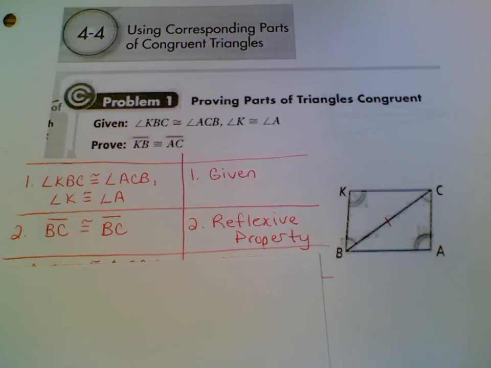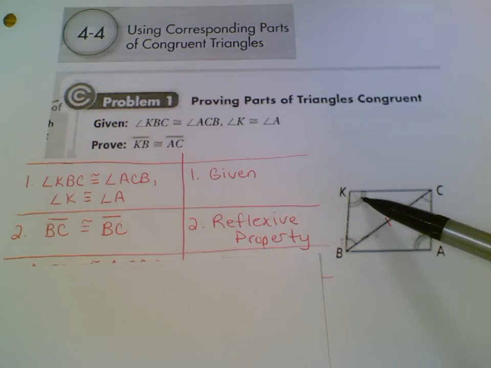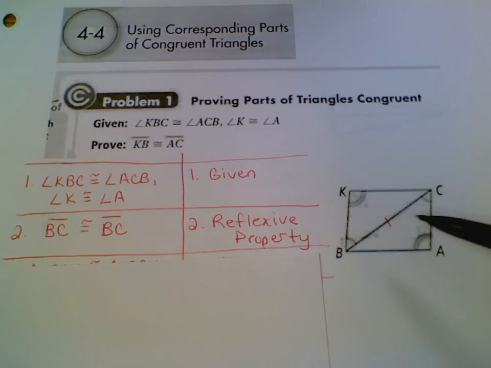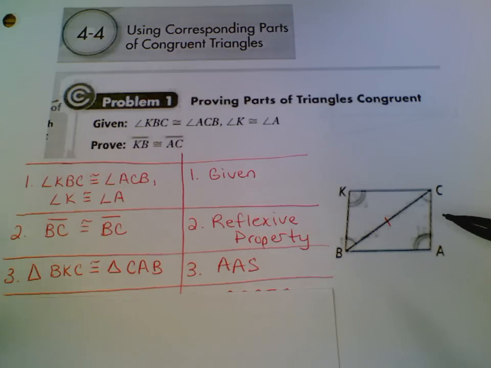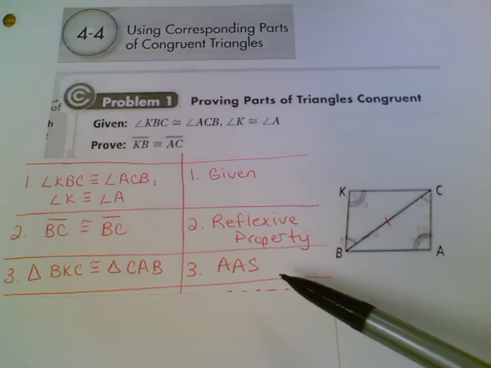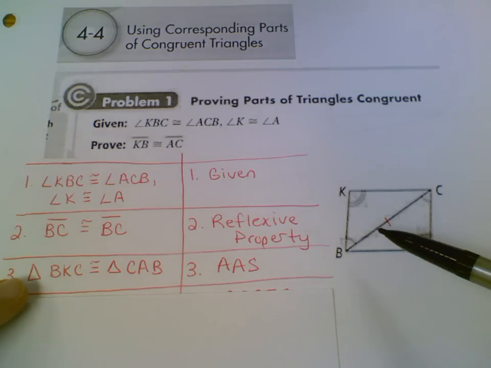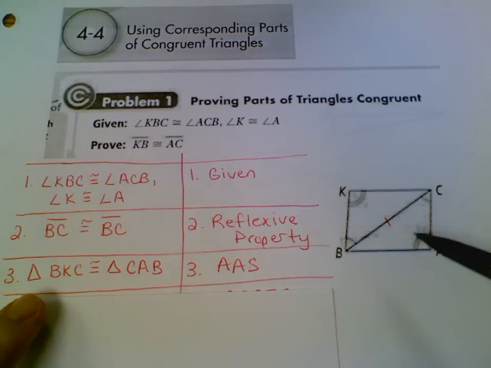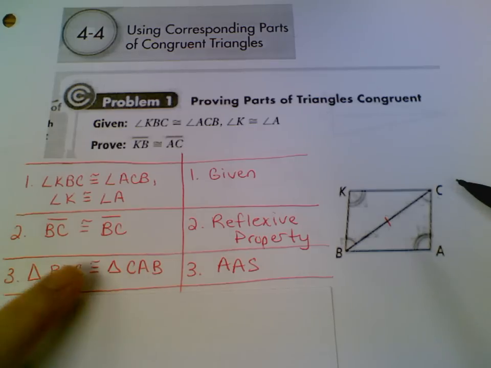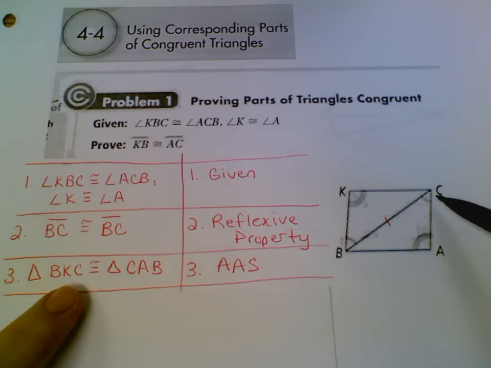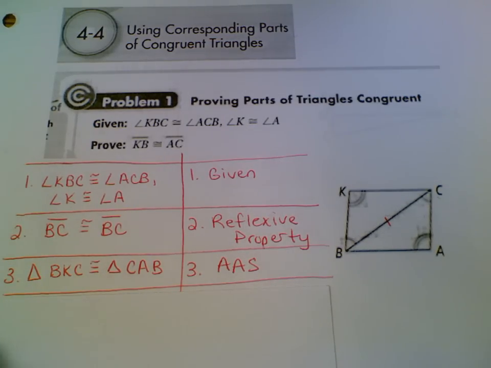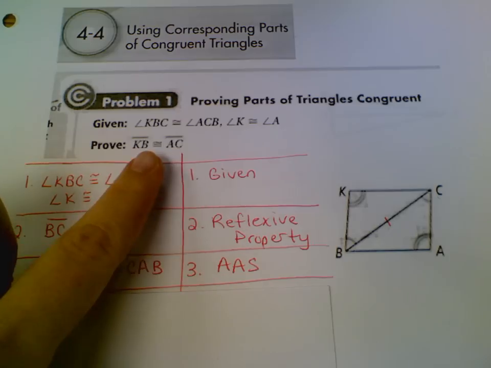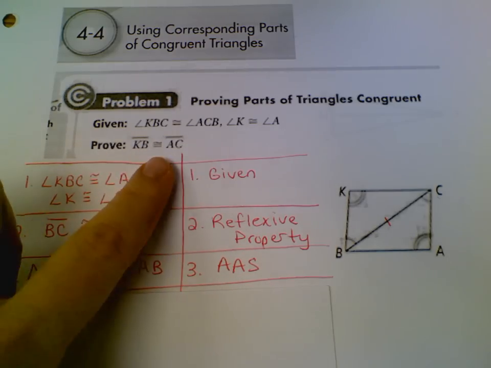Now I might see, oh, well now I have an angle and a side. Well, now I can say these two triangles are congruent to each other by angle, angle, side. Now remember, when we set up our congruency statement, we have to make sure our angles match up. So angle B matches with angle C, K matches with A, and then C matches with B. Alright, remember I'm trying to show that these sides are congruent to each other.